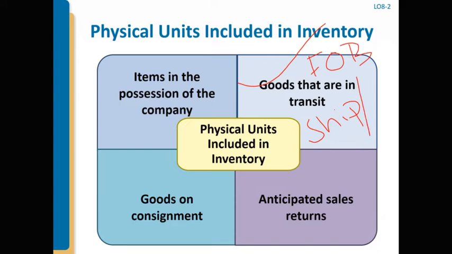Also goods on consignment and anticipated sales returns. If there are any items in the possession of the company, these items will be included in the stock of the inventory, and it depends on these two terms. These two terms are really important.